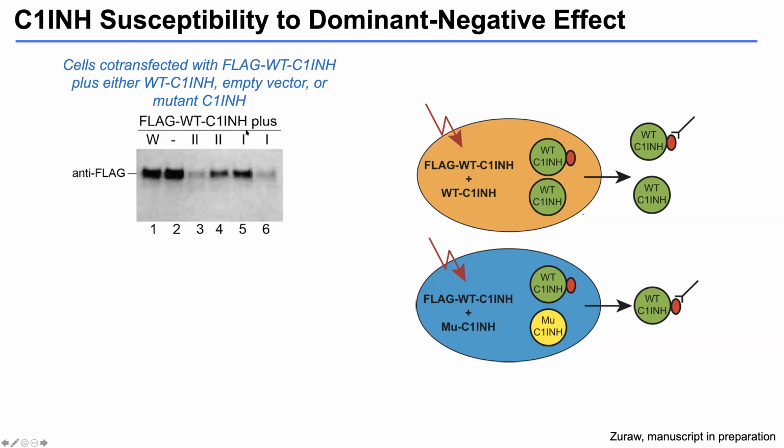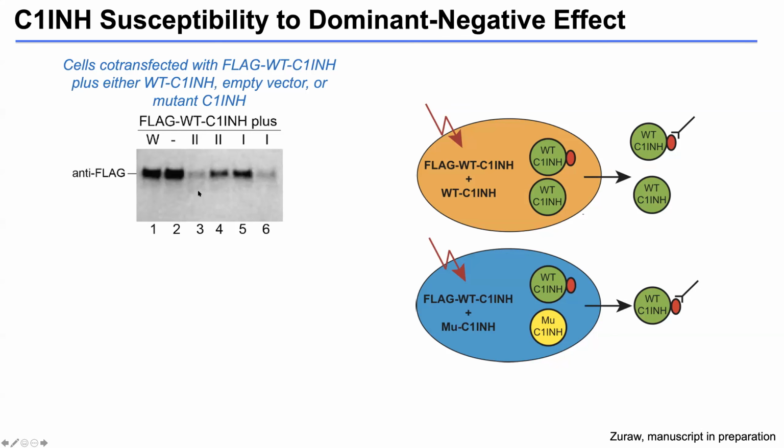But if we co-transfect with type 1 mutant protein, here are two different cDNAs, you can see that there's a variable amount of decrease in the flag signal, so that the wild-type protein is reduced, the amount that's secreted, and it's not the same for every mutation. It appears to be mutation dependent, but both of them led to a decrease.